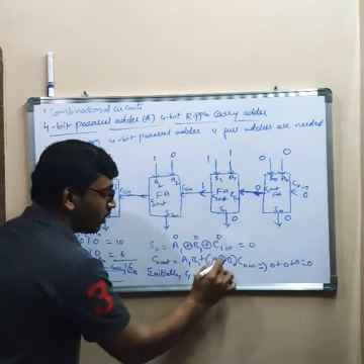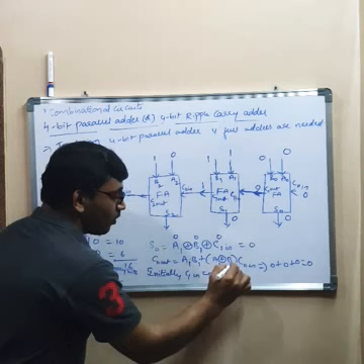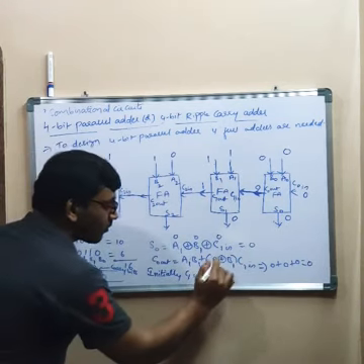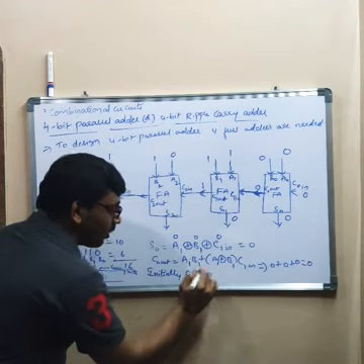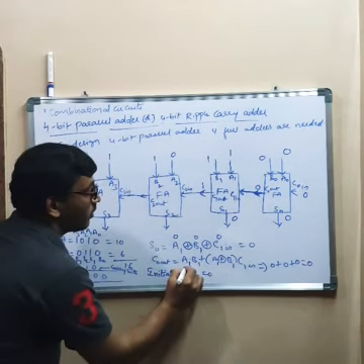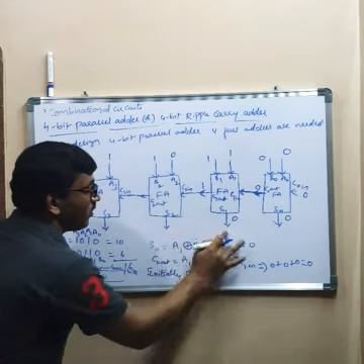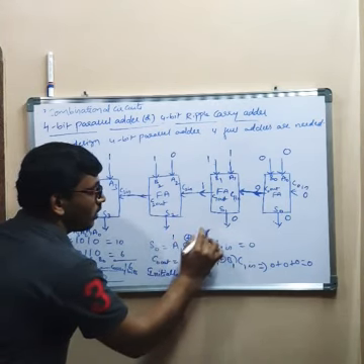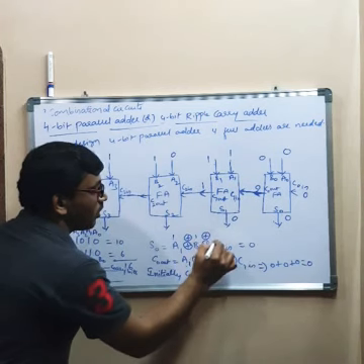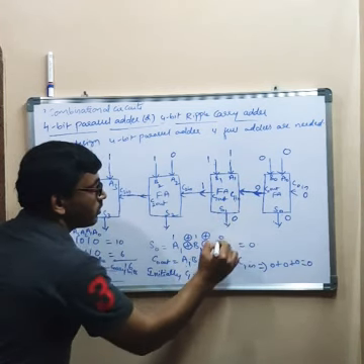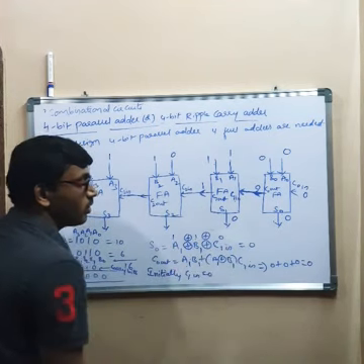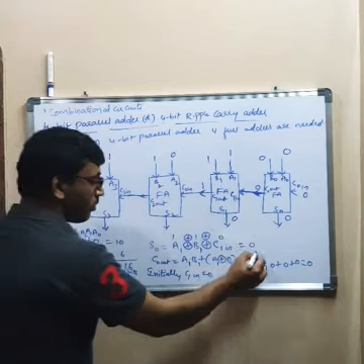So A1, B1 are 1, 1. Here you have 1 XOR 1 XOR C1 in, which is 0. 1 XOR 1 is 0, 0 XOR 0 is 0.